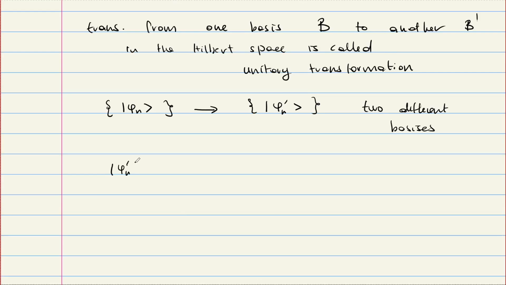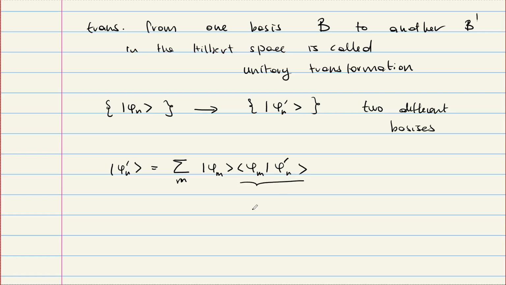Then phi n prime, I can expand it in terms of this original basis. Right? I can put this phi n. Let me use another index here, m. So this is m, and this is prime n.